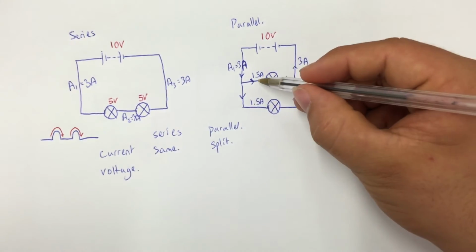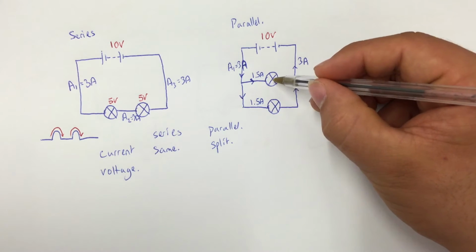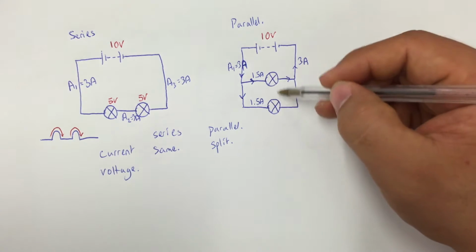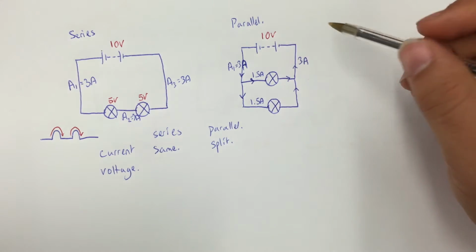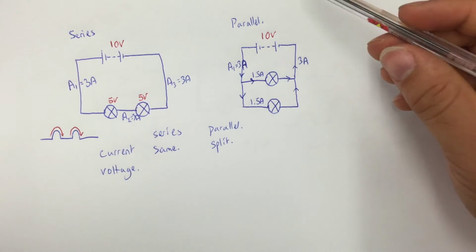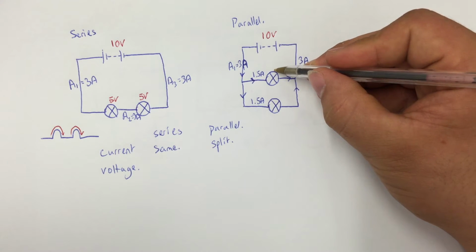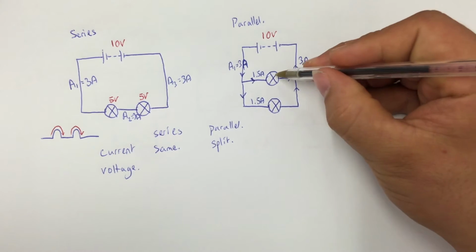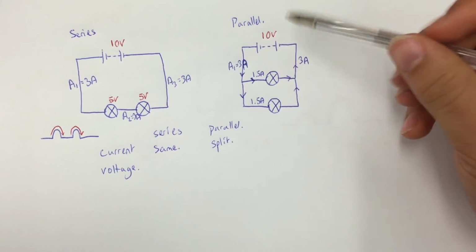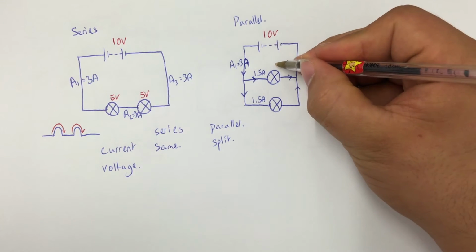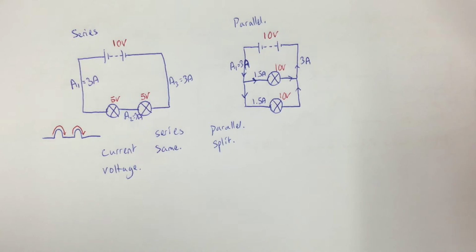So as the electrons reach the bulb, they will transfer that energy to the bulb and then continue around the circuit. So if I was to measure the potential difference across each bulb, instead of it being 5 volts, like in this example, and being split evenly, it would actually be 10 volts for each one.